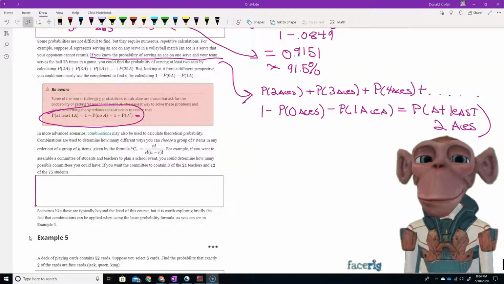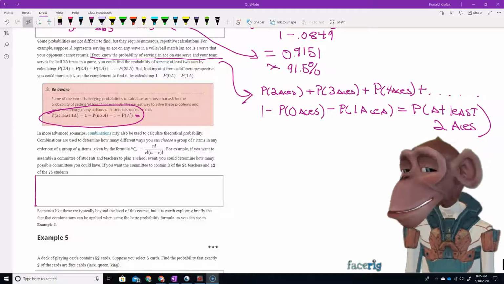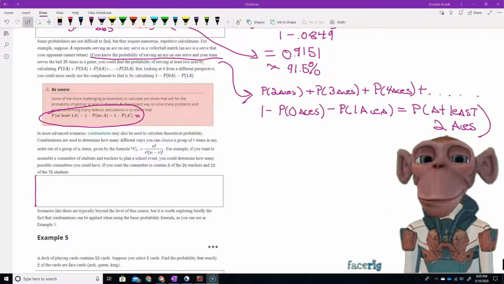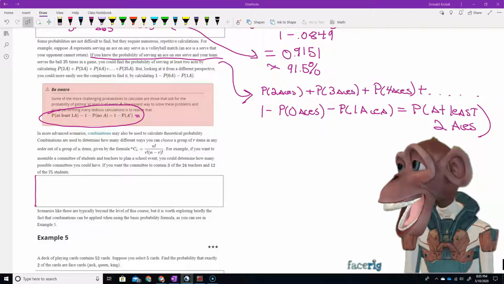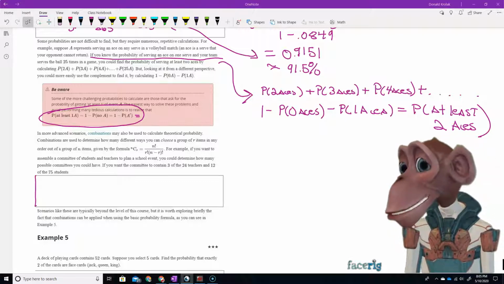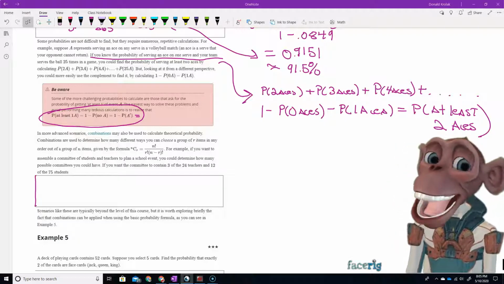All right, there are times when we're doing theoretical probability questions that will end up using combinations to figure out how many total items we have.